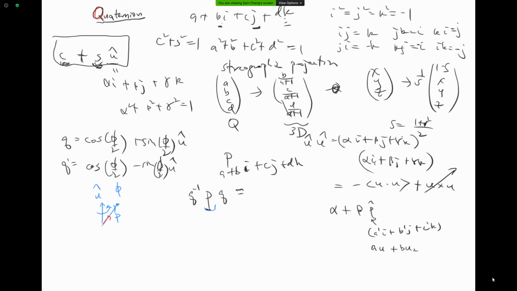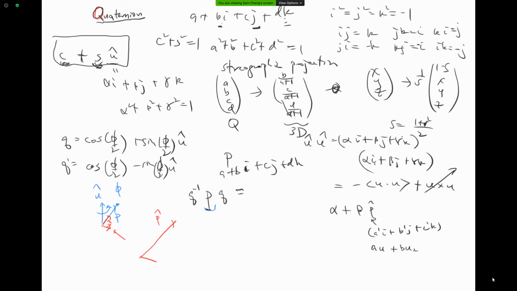So this is p hat, this direction. I assume p hat is normalized, and then I can write it with these two components, right? One is along this u hat component, the other one is perpendicular to this u hat component. So maybe I can zoom in here, something like this is p hat here.